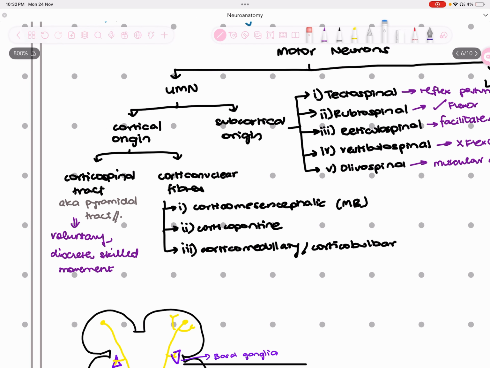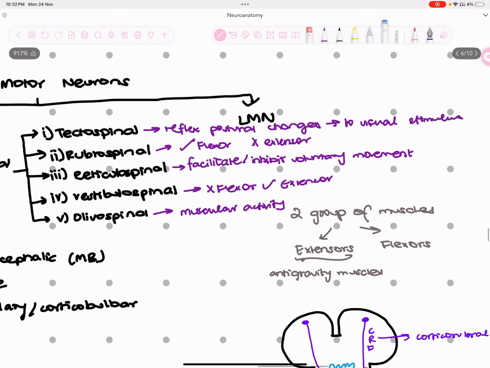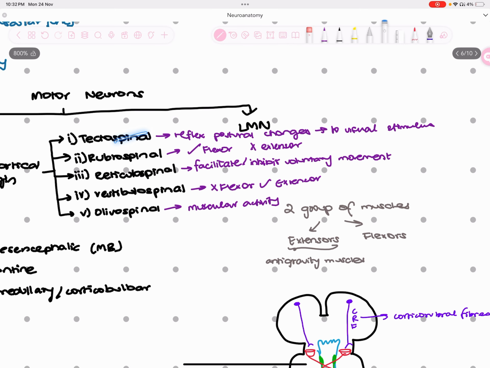Corticospinal, this is for voluntary, discrete, skilled movement. So very precise movements of the hand. Voluntary, discrete, skilled movement. Tectospinal. We already did spinotectal in ascending. That was when you felt a prick, maybe a needle on your foot, and then quickly you withdrew your foot from that point of obstacle. That was because after you felt something, you looked down, right?